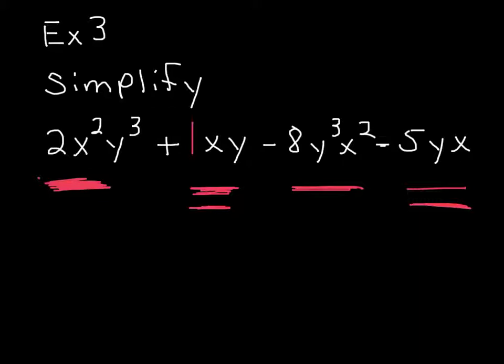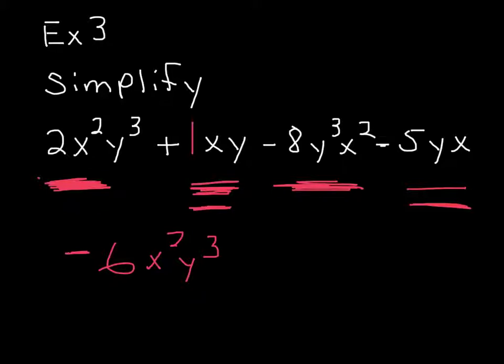So I have 2 minus, again looking at the sign right in front, 2 minus 8. 2 take away 8 would be a negative 6. So I have a negative 6 of those x squared y cubes. I do nothing with exponents because all I'm doing here is adding and subtracting like terms.